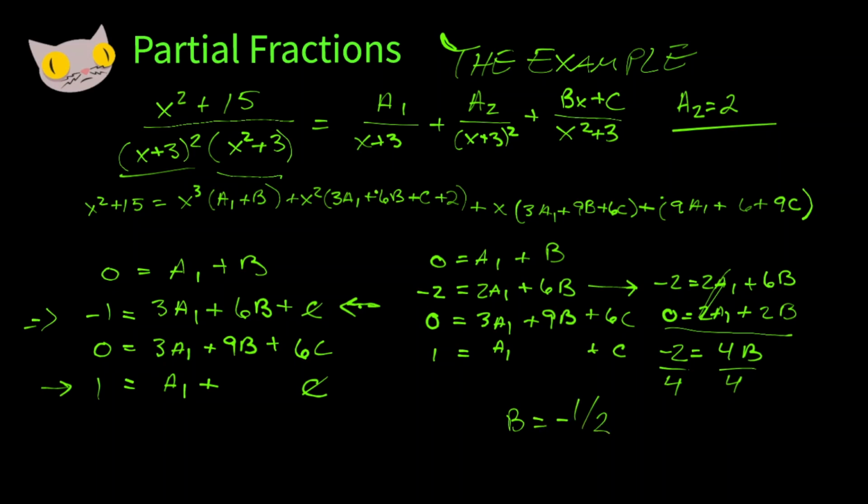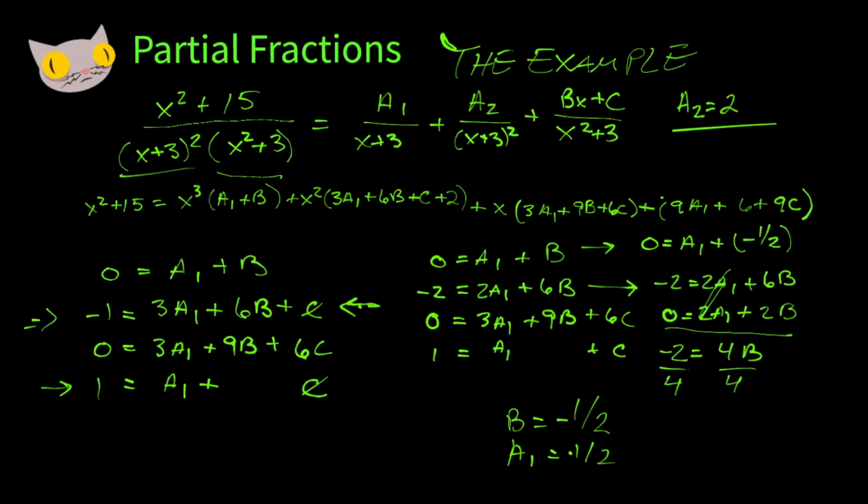So now that we have b being equal to -1/2, we can take this equation, 0 equals a1 plus -1/2.